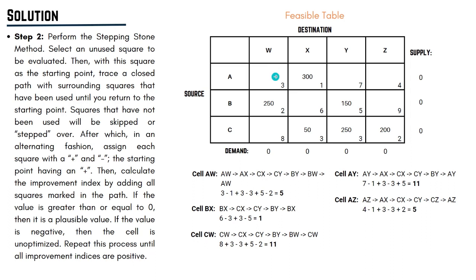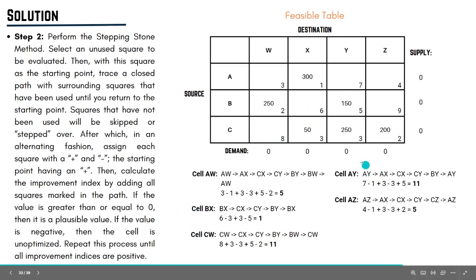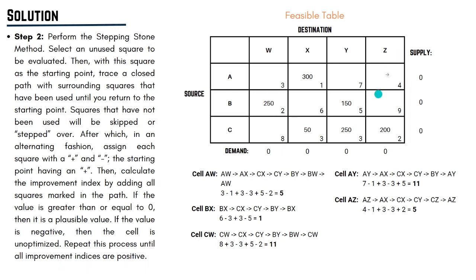So we have 3 minus 1 is 2, 2 plus 3 is 5, 5 minus 3 is 2, plus 5 is 7, minus 2 is 5. The same process repeats for all the cells, cell AW, cell BX, cell CW, cell AY, and cell AZ.